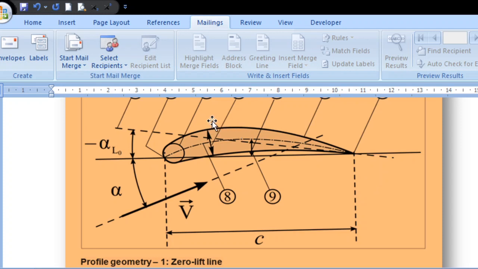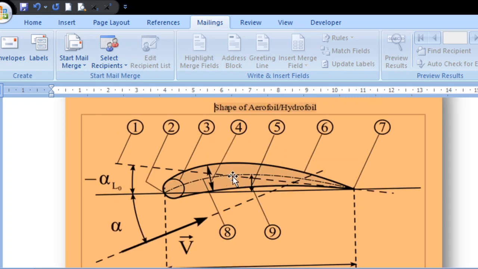Where the velocity is more, the pressure is less, and where the velocity is less, pressure is more. So there is a difference in pressure. Hence, a total force is created, at some angle which we have not shown over here. Let's say this is at this angle.